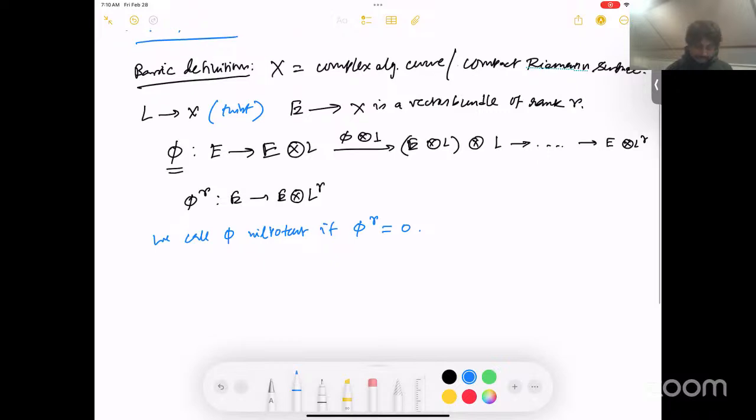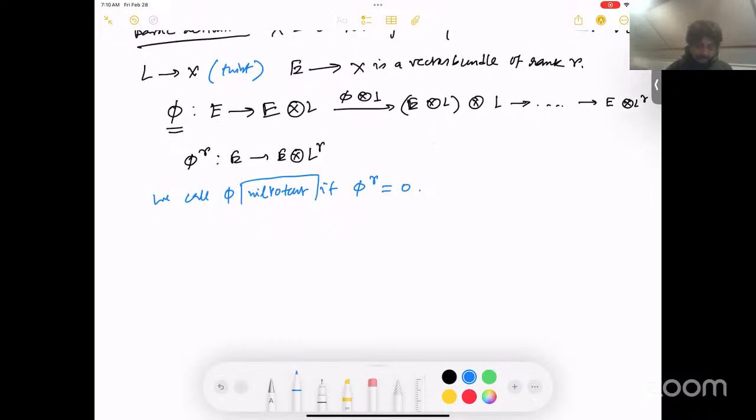And obviously if phi equal to 0, then phi is obviously nilpotent. But there may exist phi non-zero such that phi to the R vanishes. Okay.